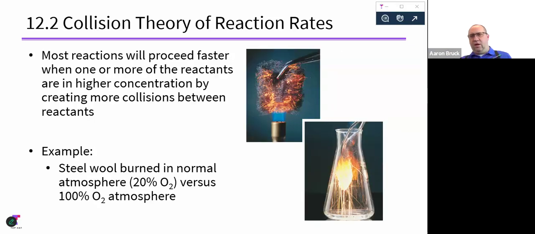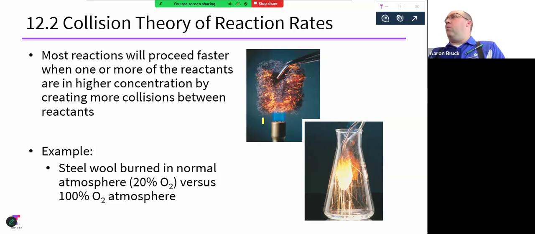So let's look at some other examples of some of these concepts in action. The effect of concentration. Here in the pictures, we have two different examples of steel wool burning. In the first example, up here on the top, we have steel wool that is just being burned in a normal Bunsen burner flame.